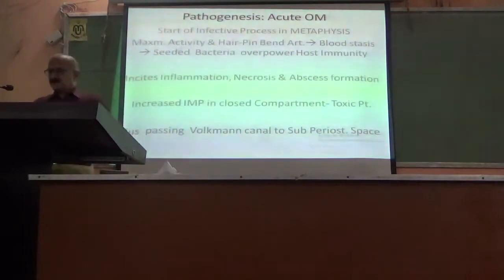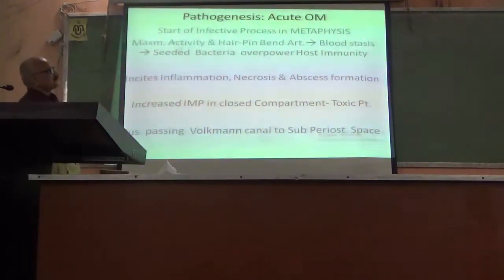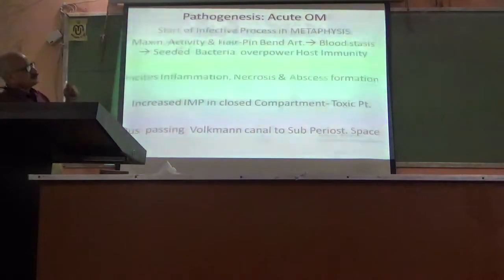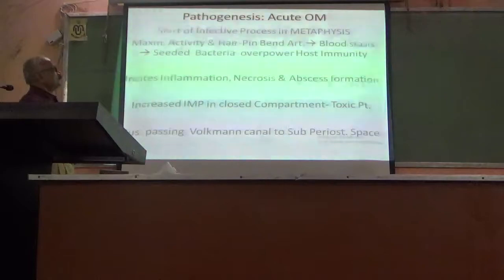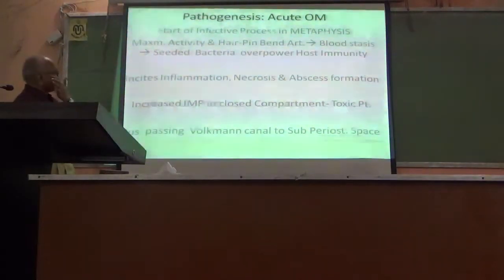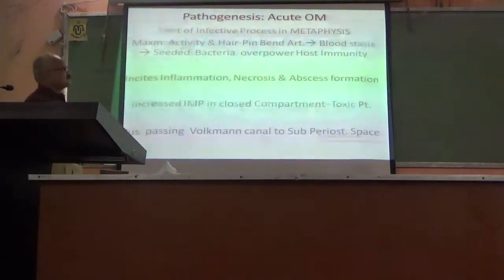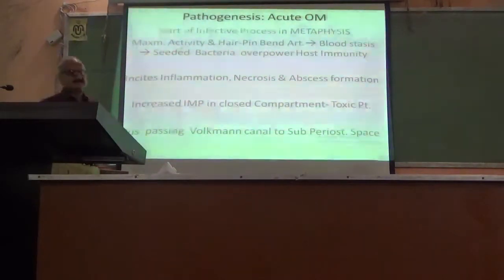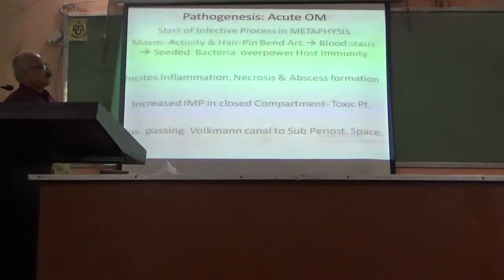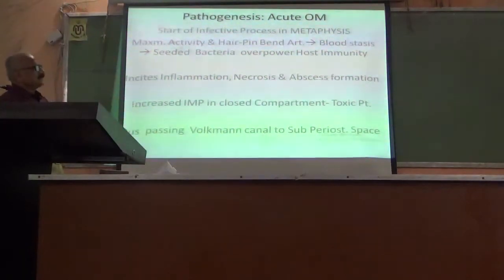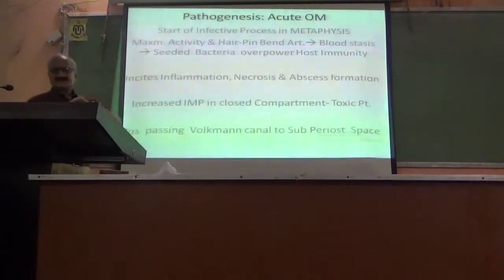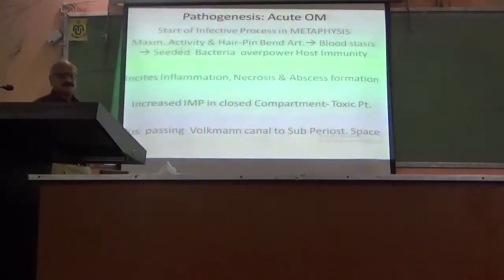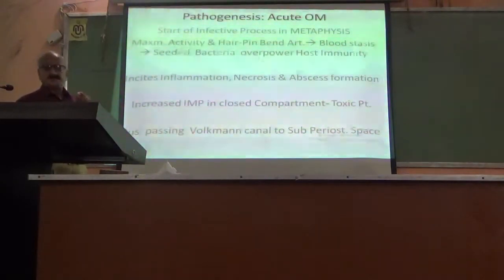What happens? The infective process starts in the metaphysis. Why metaphysis? Because the metaphysis is the part of the bone having maximum activity. And as I'll show you in the next diagram, near the epiphysis, the arteriolar system is so disposed that it is like a lady's hairpin.